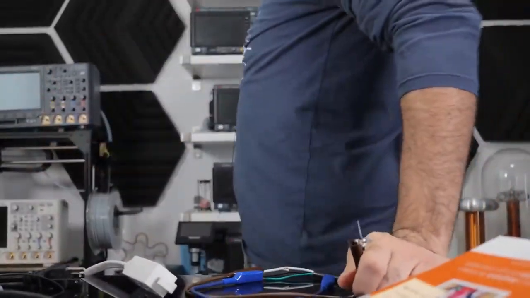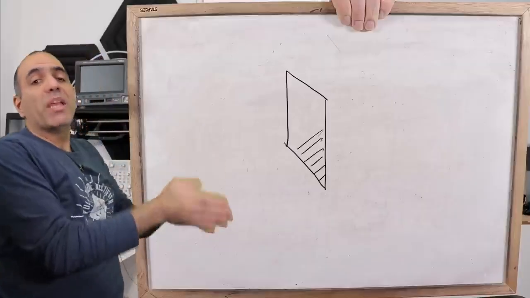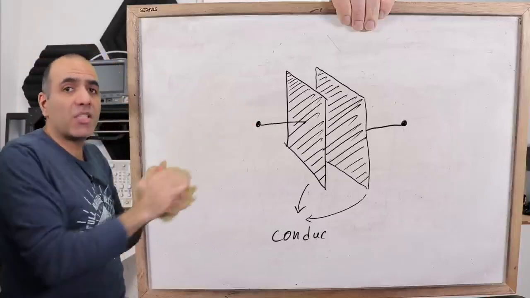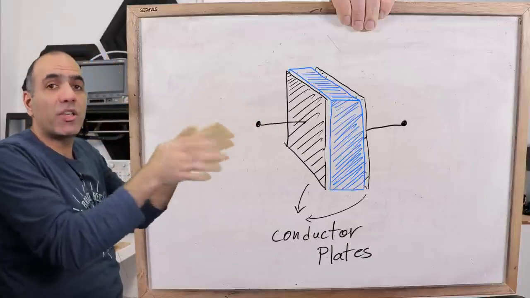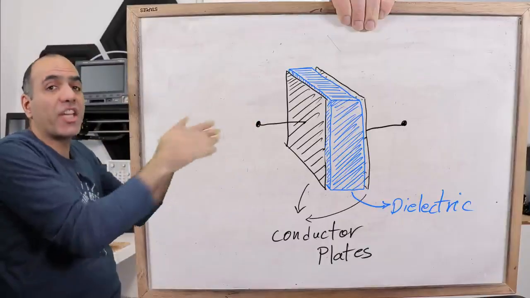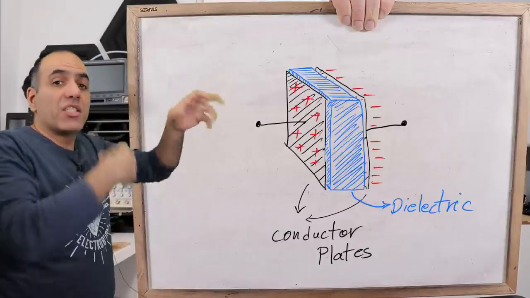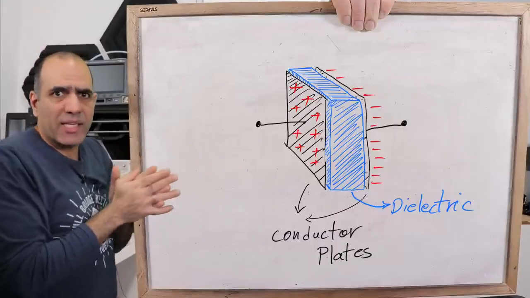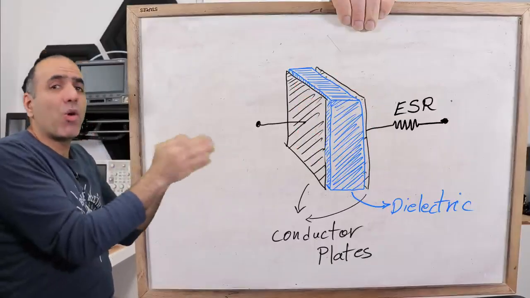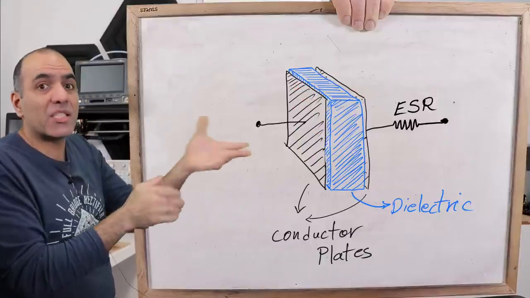Let me draw this for you. A capacitor is made of two conductor plates side by side, separated by a non-conductive isolating layer called a dielectric, and charges are stored on its plates. The wirings inside a capacitor have their own resistances, we show as a very small equivalent series resistance or ESR.